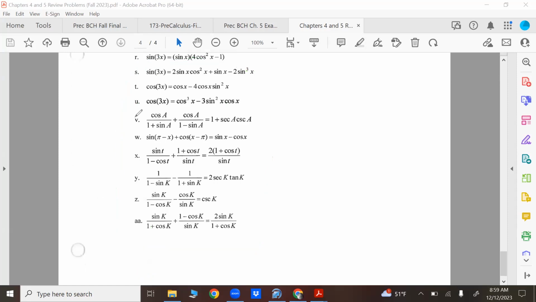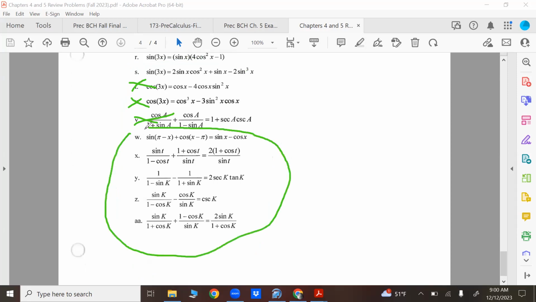Okay, apparently V didn't make sense. T and U are also out. But these are pretty good ones as well. So if you haven't got through all this, this is what you could focus on. Or if you just want to look at those again, that's fine.